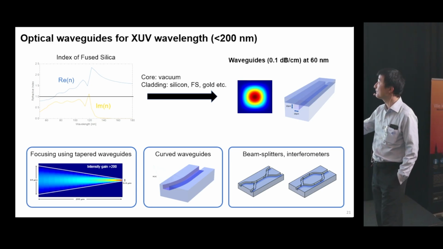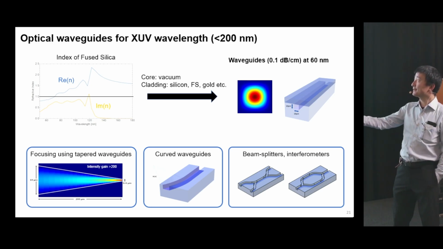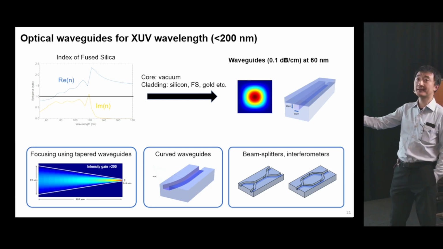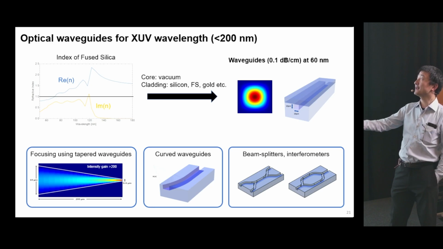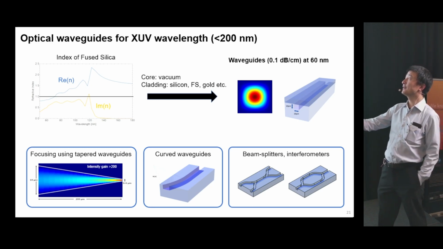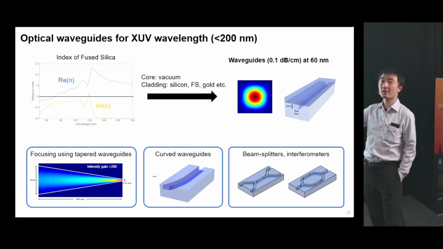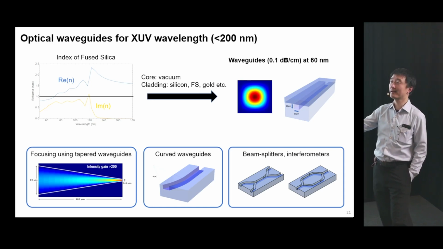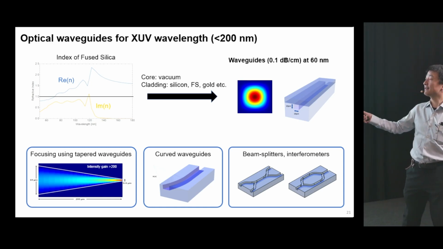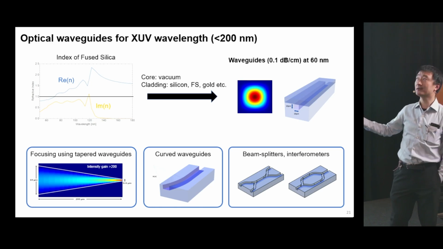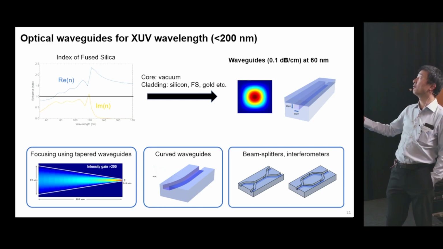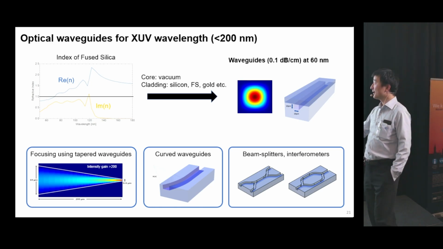So here comes our strategy. We take some materials, for example fused silica. This is the refractive index of fused silica, and you can see that the real part becomes smaller than 1 at very short wavelengths. This means if we simply take a vacuum and make a hollow core waveguide, we can also confine such short wavelengths.